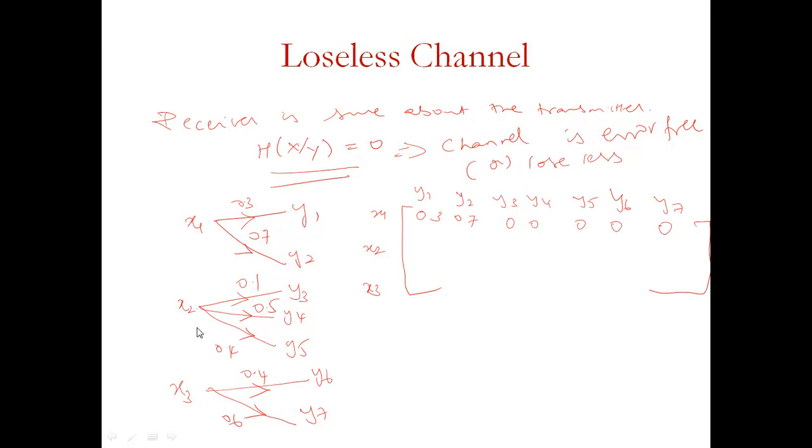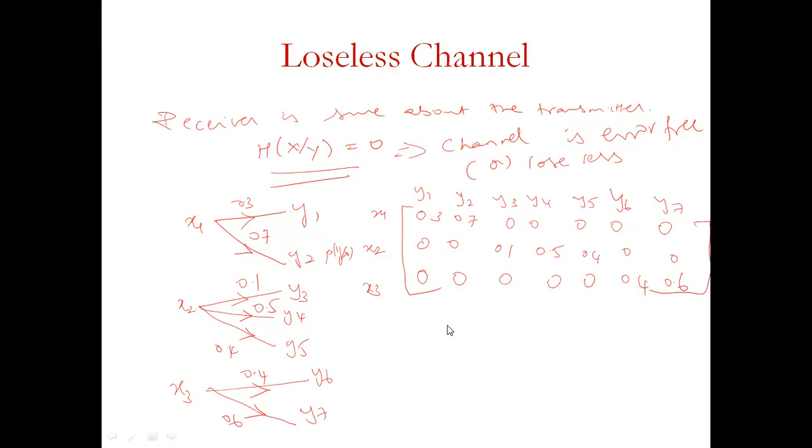Similarly, x2 is not giving to y1 or y2; it gives to y3 with a probability of 0.1, y4 with 0.5, y5 with 0.4, whereas y6 and y7 are 0. Similarly, x3, the third row, is not transmitting to y1 to y5, so those will be 0. y6 is 0.4, y7 is 0.6. So this is the channel representation P of y given x for the lossless channel.